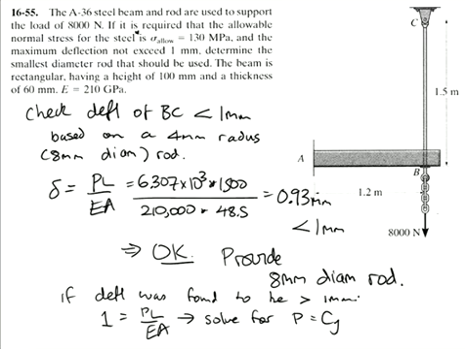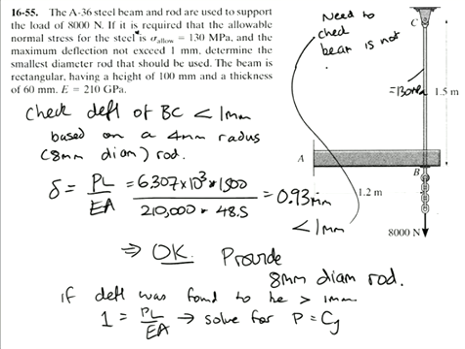Now as yet, I haven't checked the stress in the beam, have I? So we checked the stress in the rod here. We equated that to 130 MPa, but we still need to check the beam is not being overstressed.